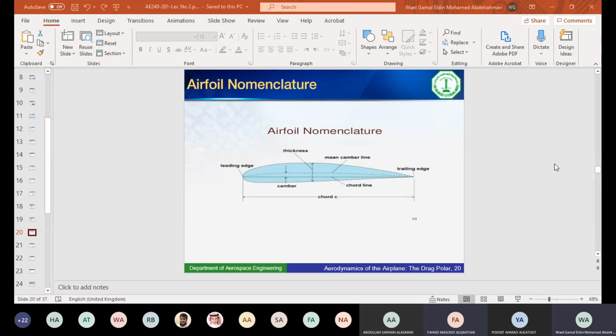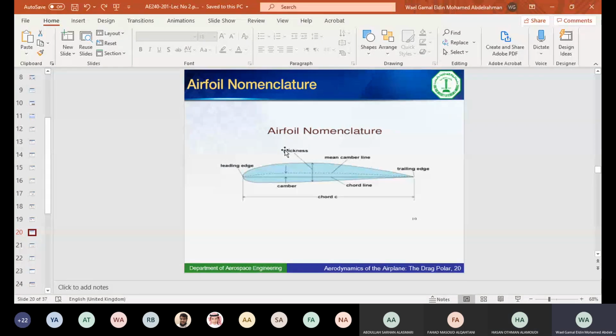Okay, so when I say a 4-digit family of airfoil, you know what I'm talking about? When I say airfoil 2014, does that ring a bell? No, we didn't take it. Okay, fair, that's good. So let's go slower on this.